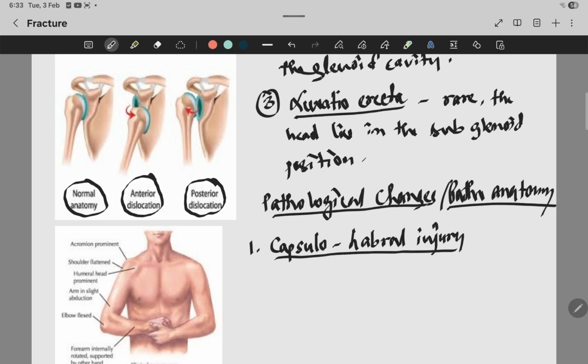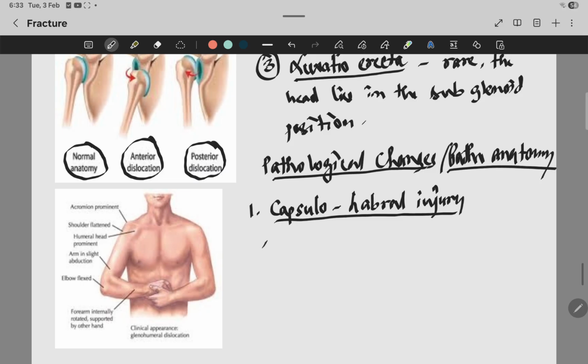Here mainly the anterior capsule of the shoulder joint is torn.